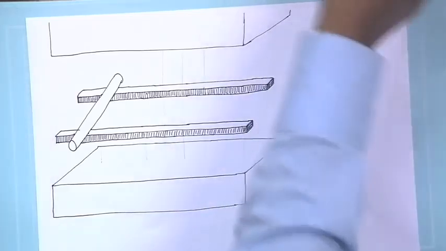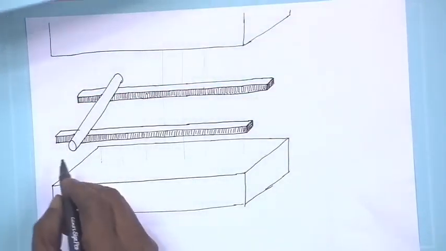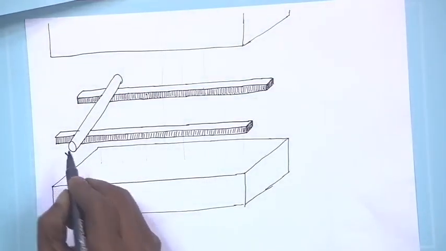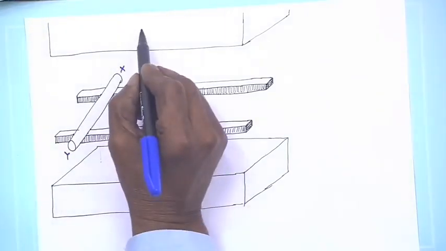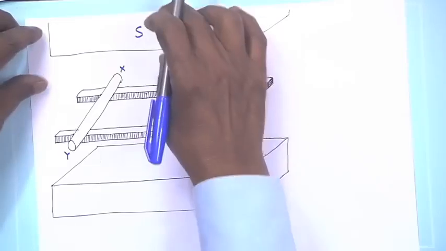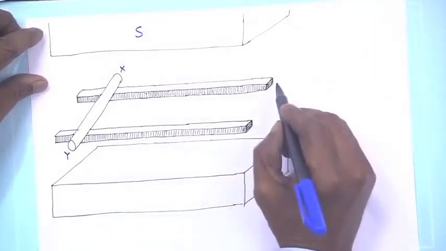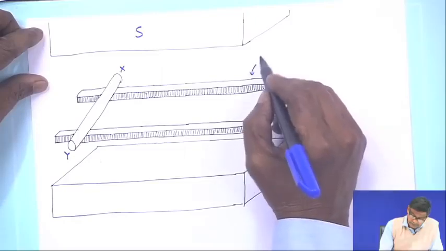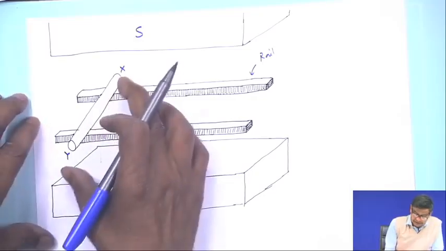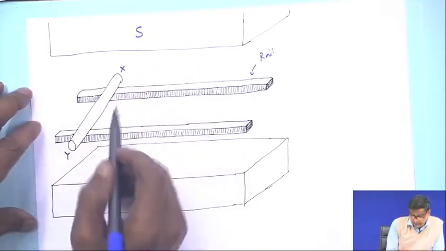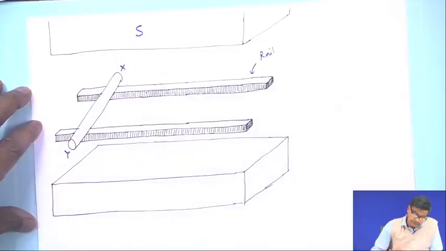For example, in this diagram, this end is my y and this end is my x. This is a south pole and it extends up to infinity, infinitely long. These two pairs are rails. This is the conductor, say a copper conductor. It is on a wheel and it can travel along this track.